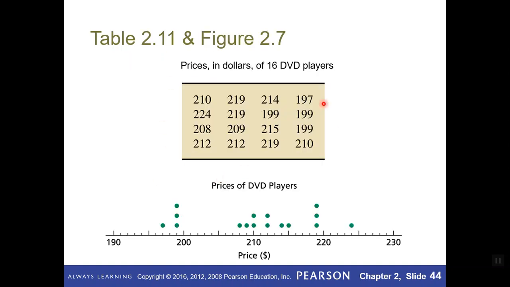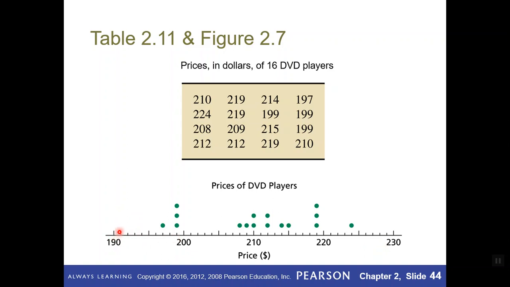Here I have mentioned my data set. This is my horizontal axis, and I have mentioned each possible value: 190, 200, 210, 220, 230. Between these values, I also mentioned the others.